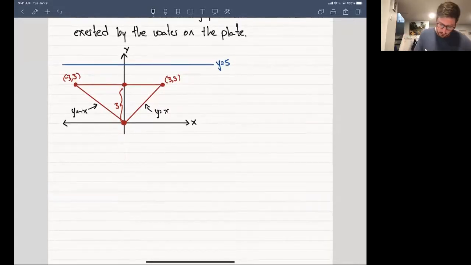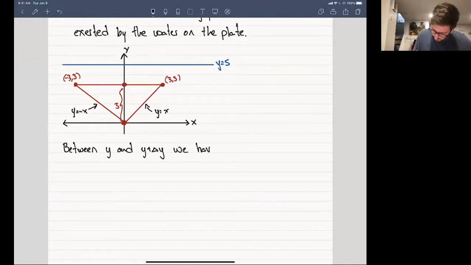But let's imagine, let's create a slab between, say, y and y plus delta y. So between y and y plus delta y, we have a slab.